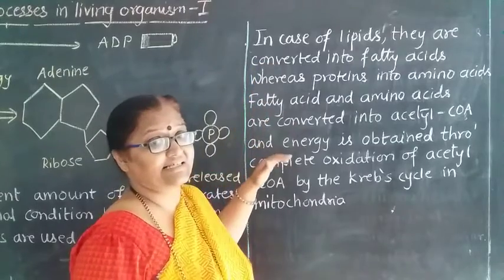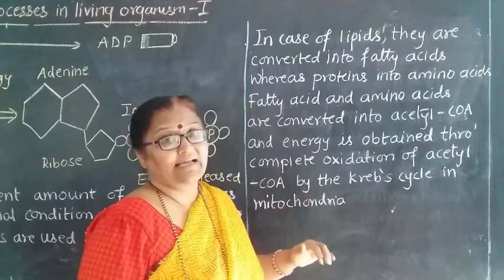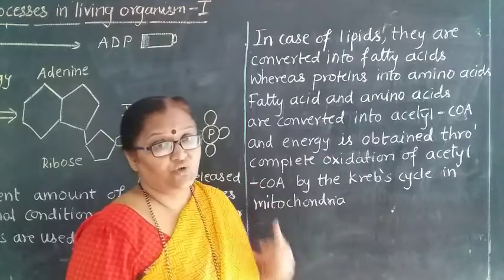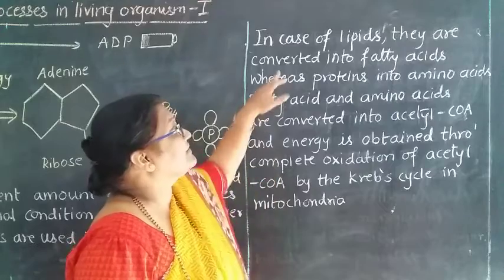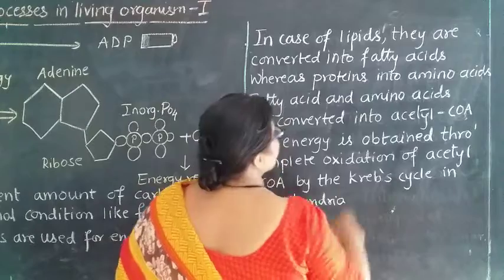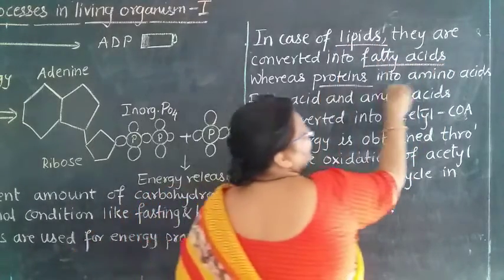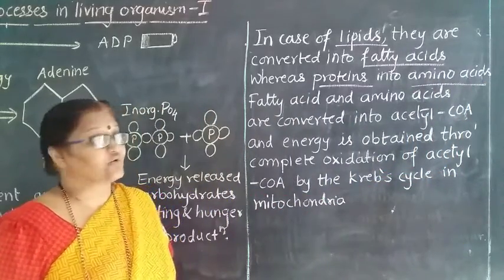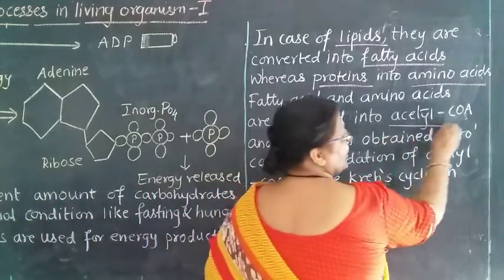What does this tell us? Whenever there is hunger, the lipids or proteins already stored in the body work for energy production. The lipids get converted into fatty acids, and the proteins get converted into amino acids, and these get converted into acetyl coenzyme.